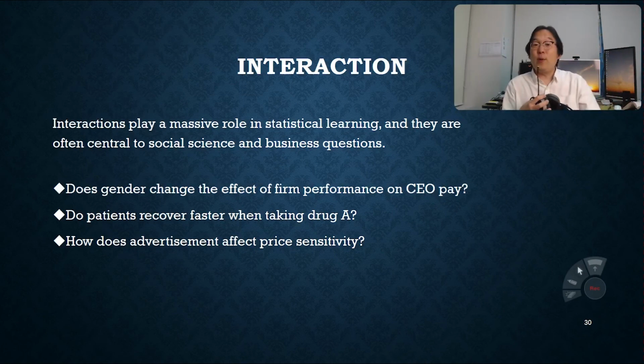You can throw in an interaction term between company performance and gender of the CEO and see if there is some interaction effect, right? How about the race, right? Caucasian CEO versus non-Caucasian CEOs. In which case do we see more stronger pay for performance sensitivity, right? That kind of things. You can test it.